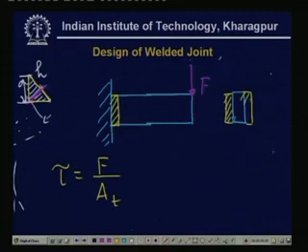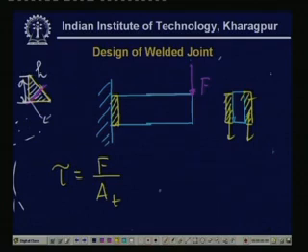The entire load will be carried by this weld metal. So we have the direct shear stress acting here, and there may be bending stress. Because of bending there will be a tensile stress.